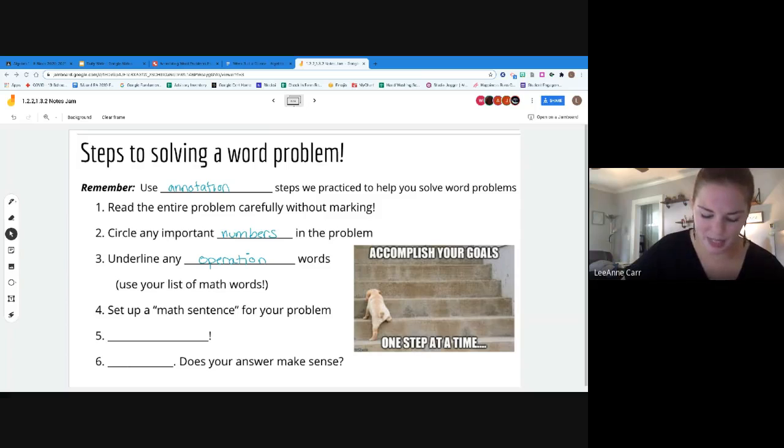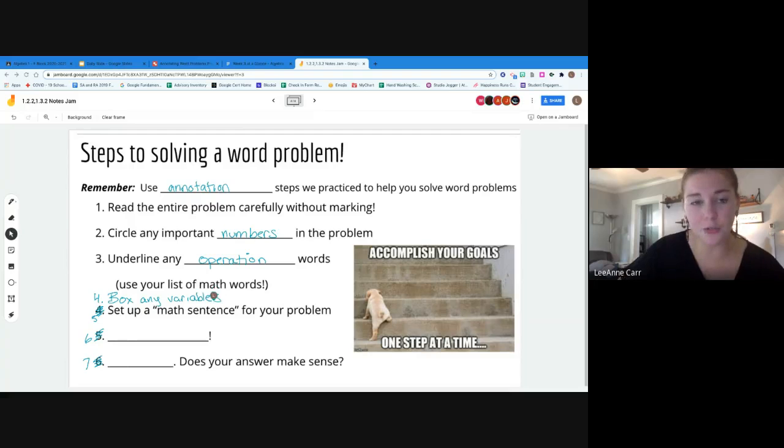I skipped a step, silly Miss Carr. So actually, if you could squeeze in another step before 4, and then we're going to change this to 5, 6, 7. Okay. Our fourth step is that we are going to box any variables.